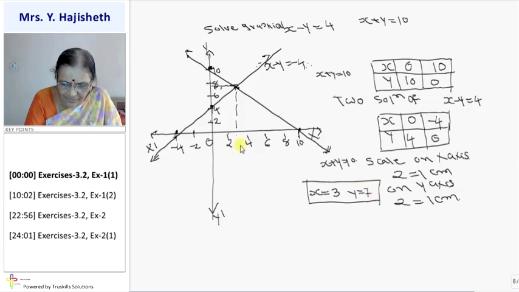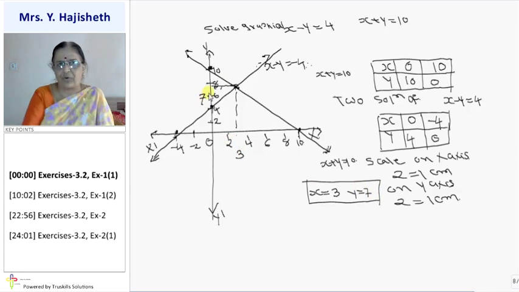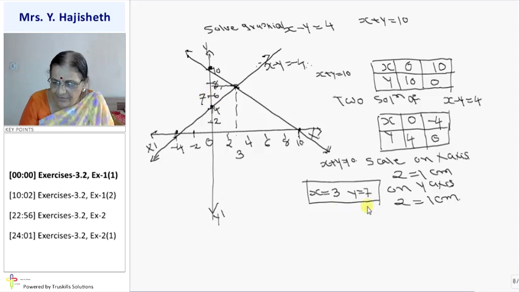X is 3 and y is 7, approximately. It's not exact. So x is 3 and y is 7 is the solution.